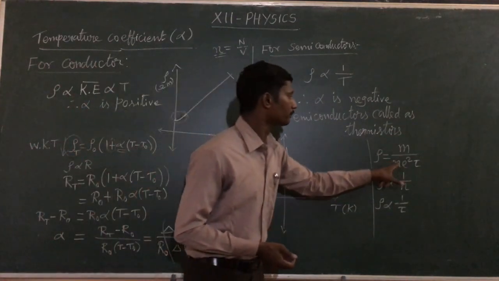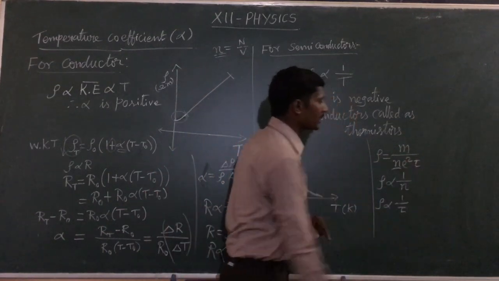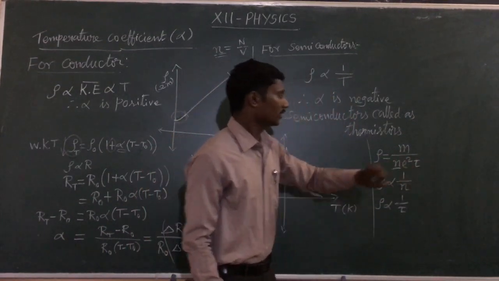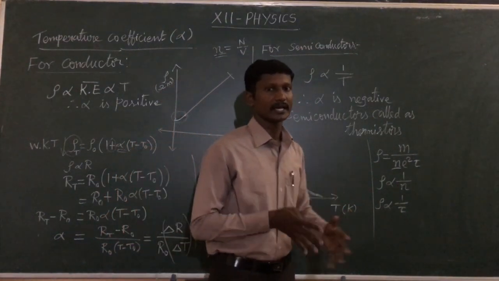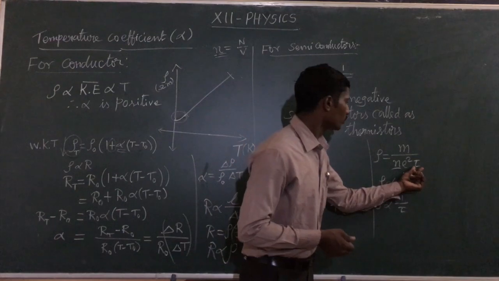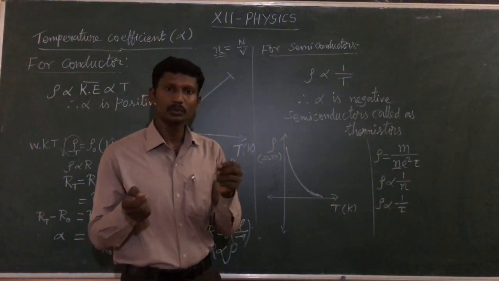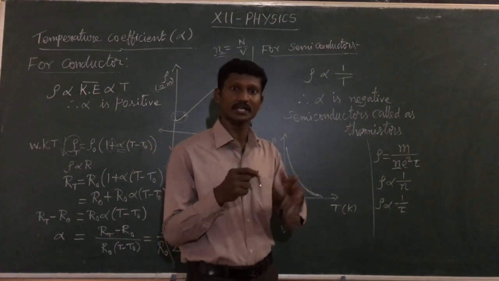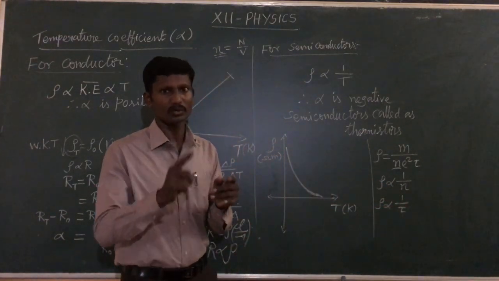Here n is the number density and tau is the mean free time, that is, the average time between two successive collisions.